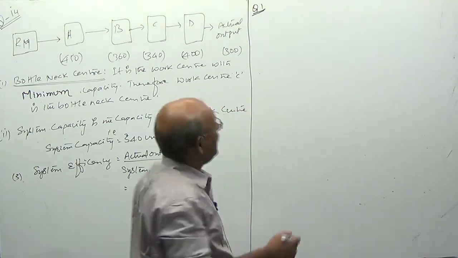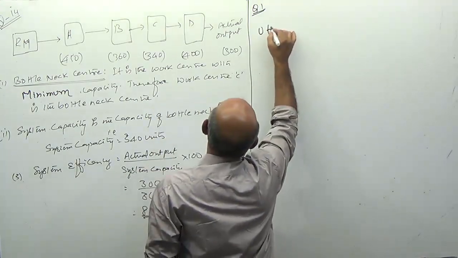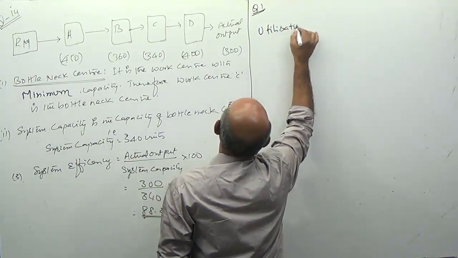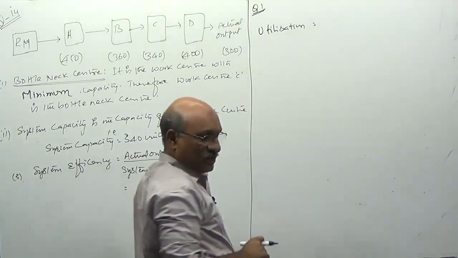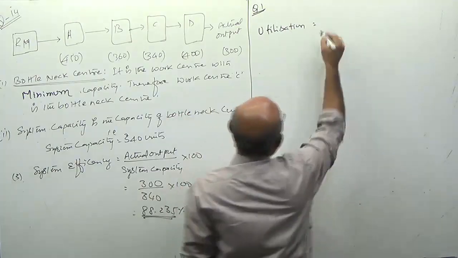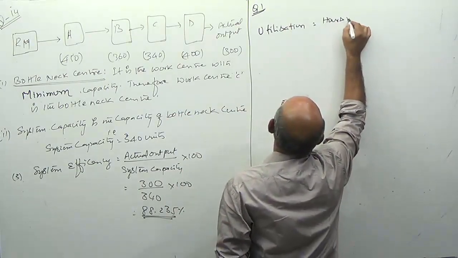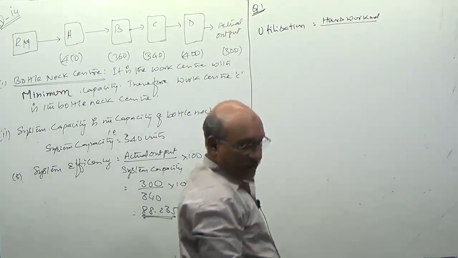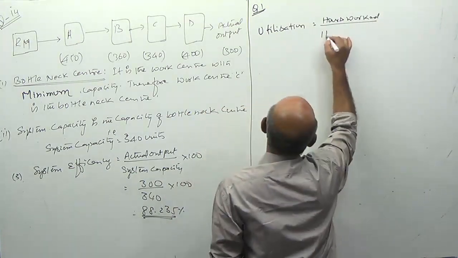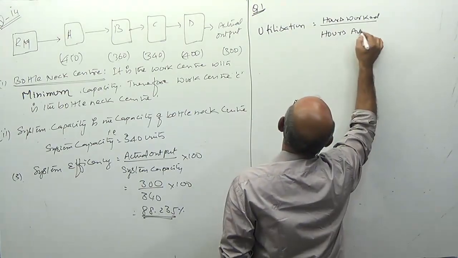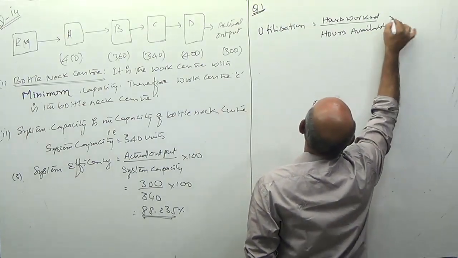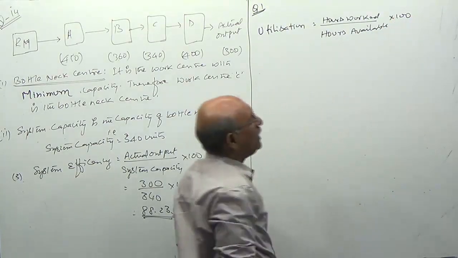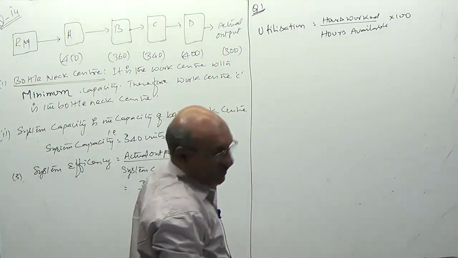So how can I calculate utilization? Utilization is equal to hours worked divided by hours available. This ratio when multiplied with 100, you will get utilization percentage wise.